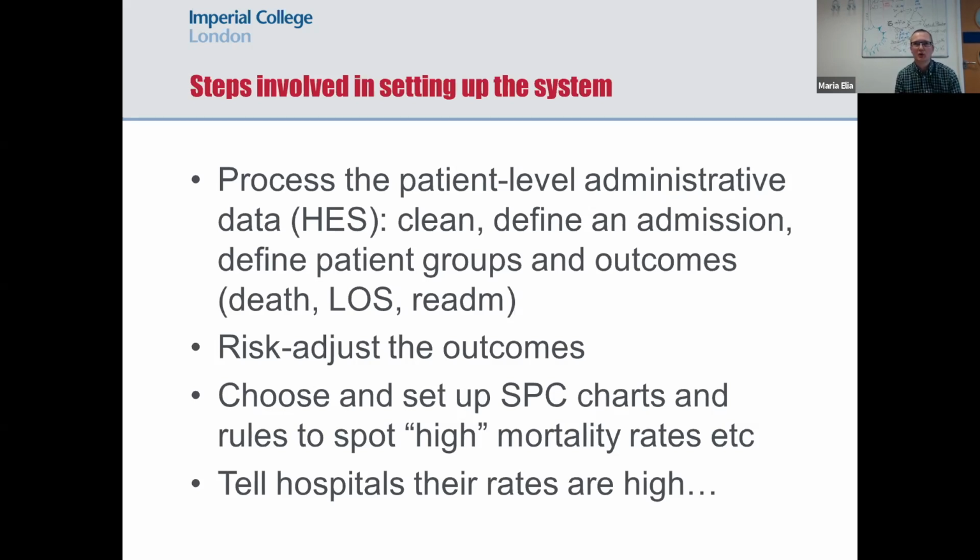Then you need to compare hospital outcomes, like death rates, but taking account of how the patients can differ in terms of their age, their sex, how severely ill they are, and that process is called risk adjustment. Then you need to plot the charts and see which hospitals have high mortality rates.